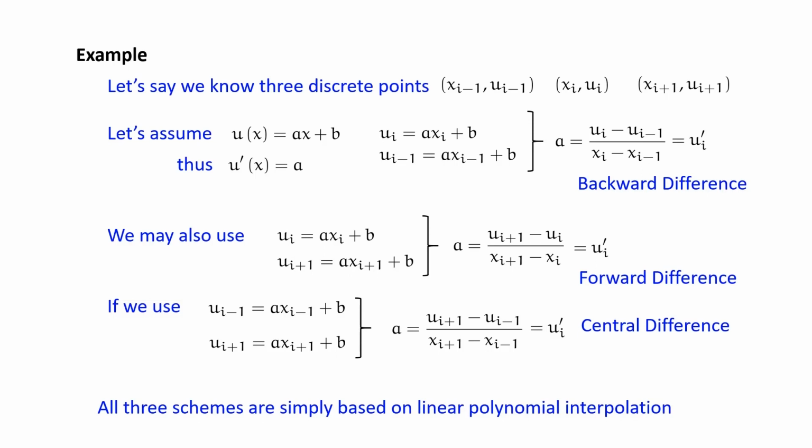So you can see this 2-point backward difference, forward difference or central difference are nothing but fitting a straight line on 2 points of the function and then differentiating that straight line.